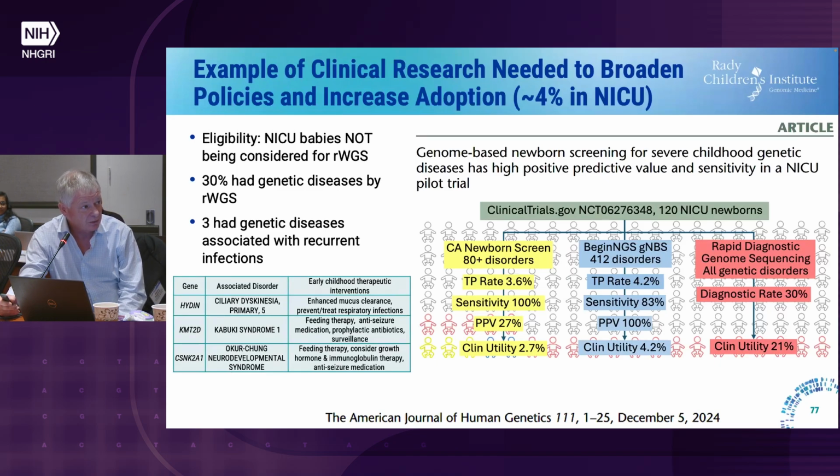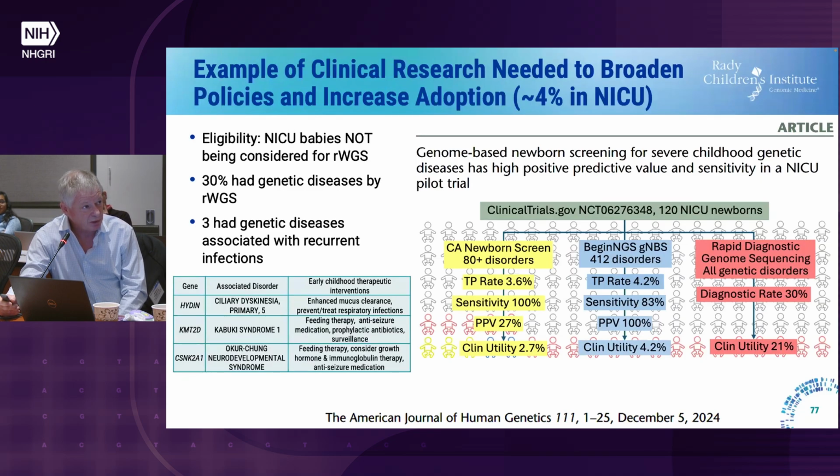Three of that 30% diagnostic rate were actually recurrent infection or diseases that are associated with immune deficiency. Again, these are not classical immune deficiency diseases, but they fall into this second group of genetic disorders for which recurrent infection is a prominent clinical feature.